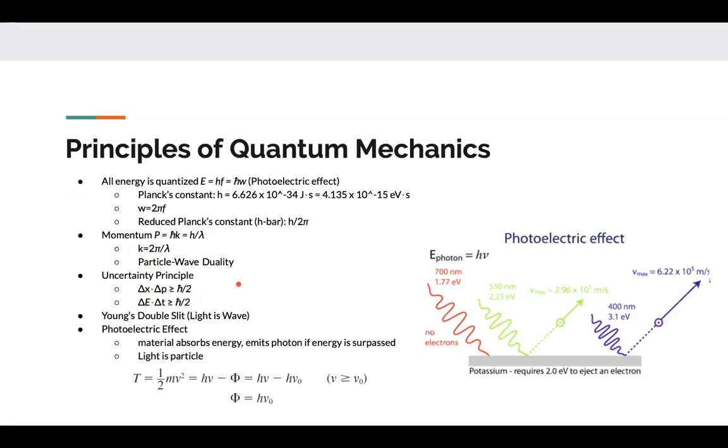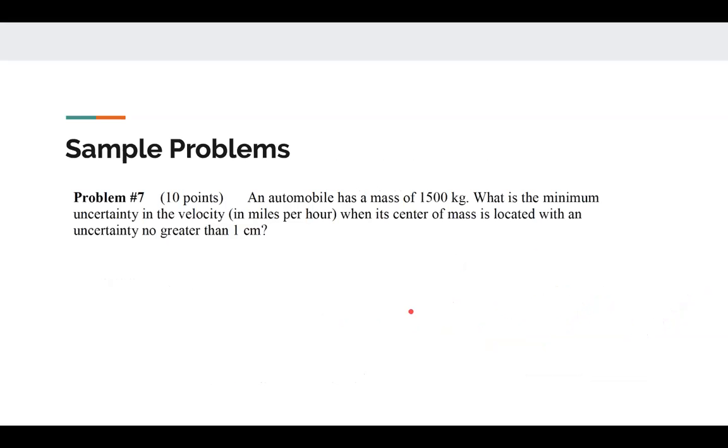So we can pull the m out: delta x times delta v times m is greater than or equal to h bar over 2. If the uncertainty in position is 0, then the uncertainty in momentum must be infinite. So it's not a meaningful problem to find maximum uncertainty. I hope that answers your question.